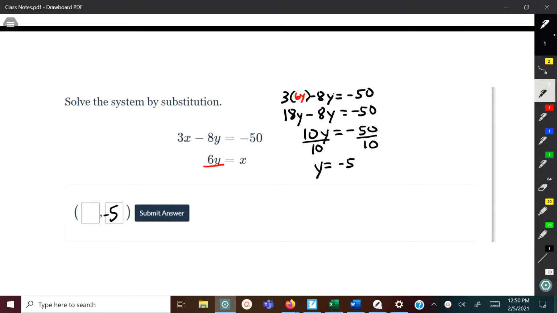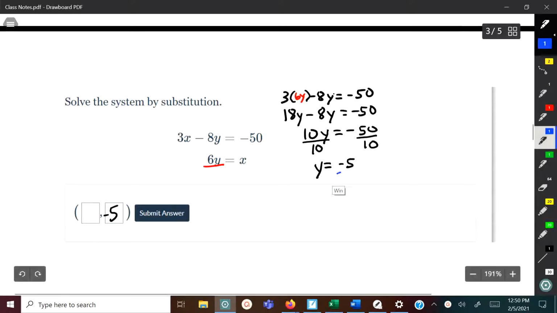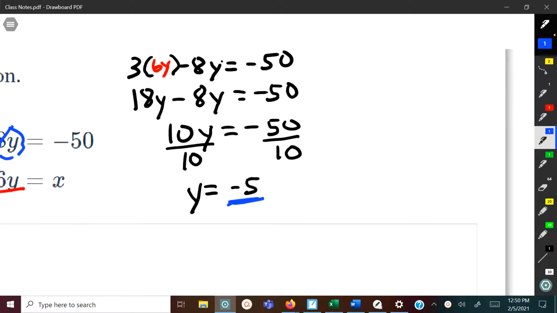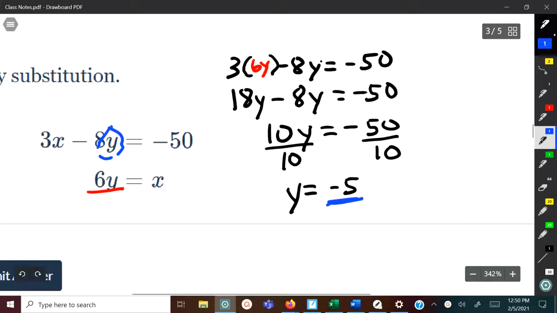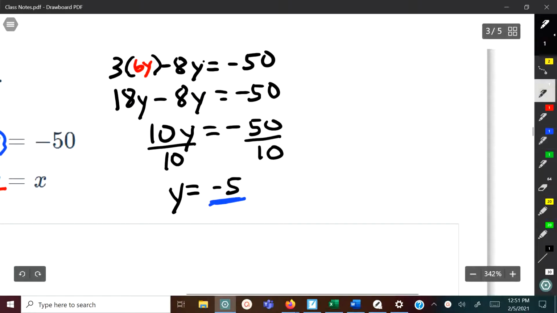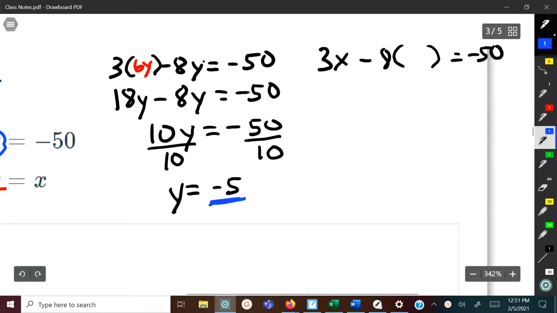Now we're going to take this y and substitute it in here. So I'm going to take that same equation, 3x minus 8y is equal to negative 50, and we're going to plug in this negative 5.